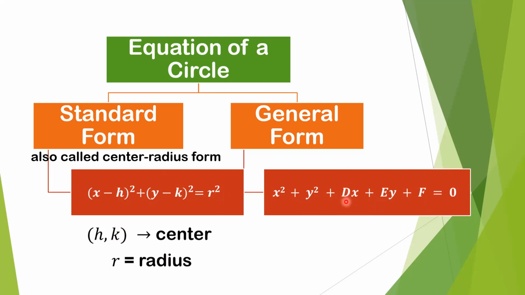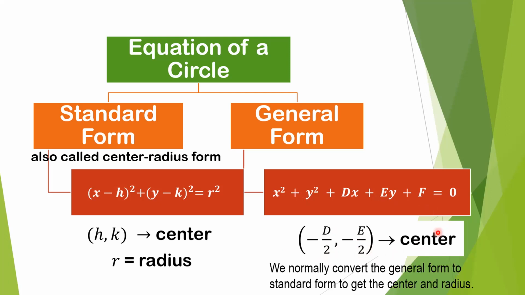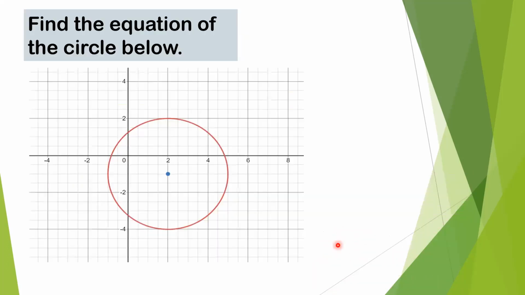That will be negative d and then divide it by 2. You do the same thing with the coefficient of y. You change the sign and then divide it by 2 to get the y coordinate of the center. So that's the shortcut to get the center given the general form. We normally convert the general form to the standard form to get the center and the radius if you don't want to do some memorizing.